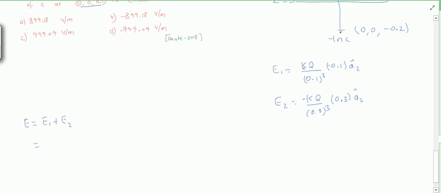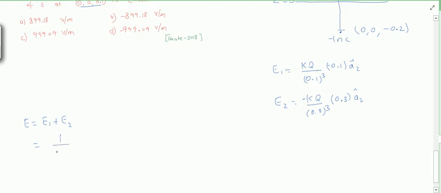So what will it be? What is the k value? In the question it is given to use epsilon naught equal to 8.85 times 10 to the power minus 12, so we cannot use 9 times 10 to the power 9. We have to apply the value of epsilon naught.